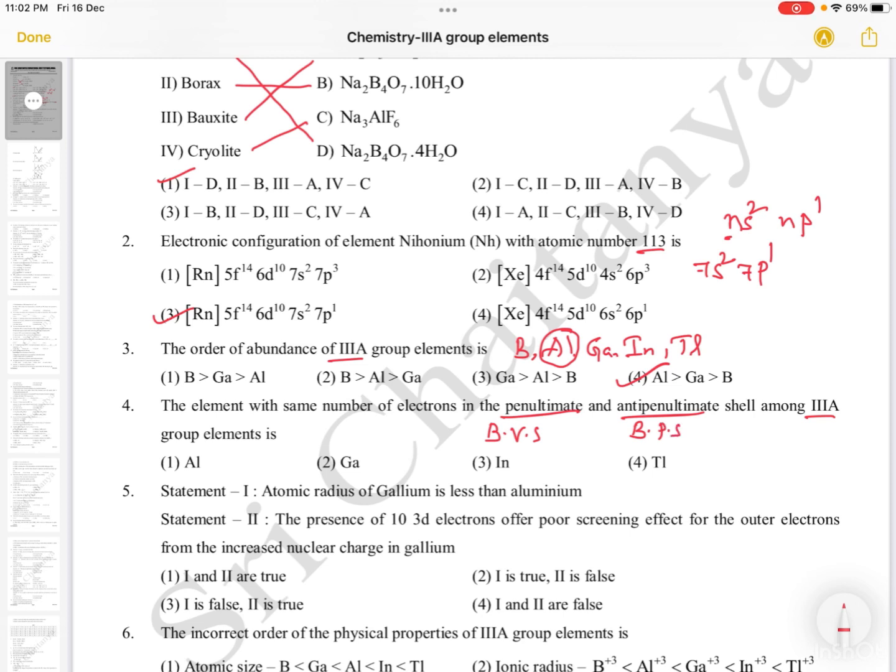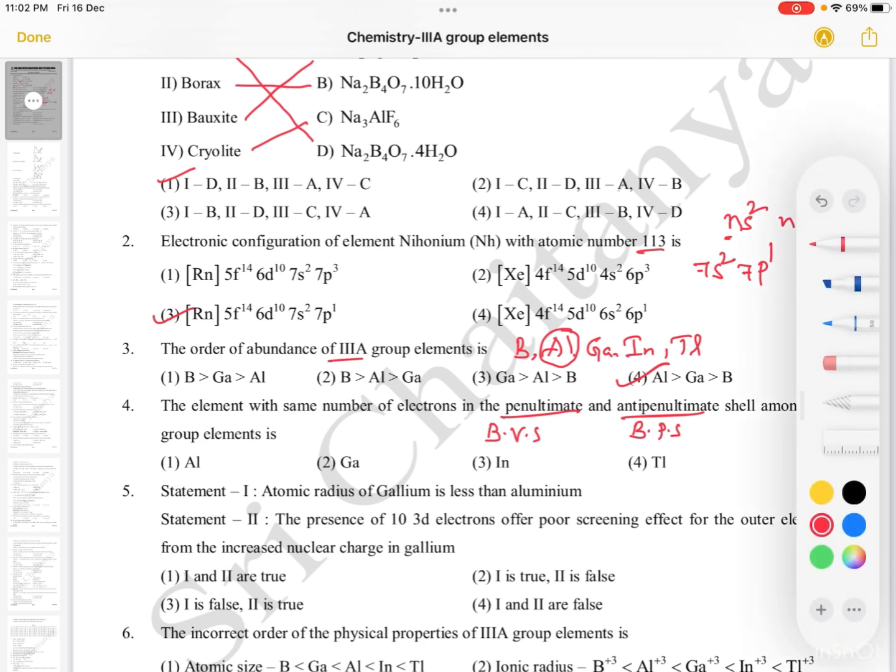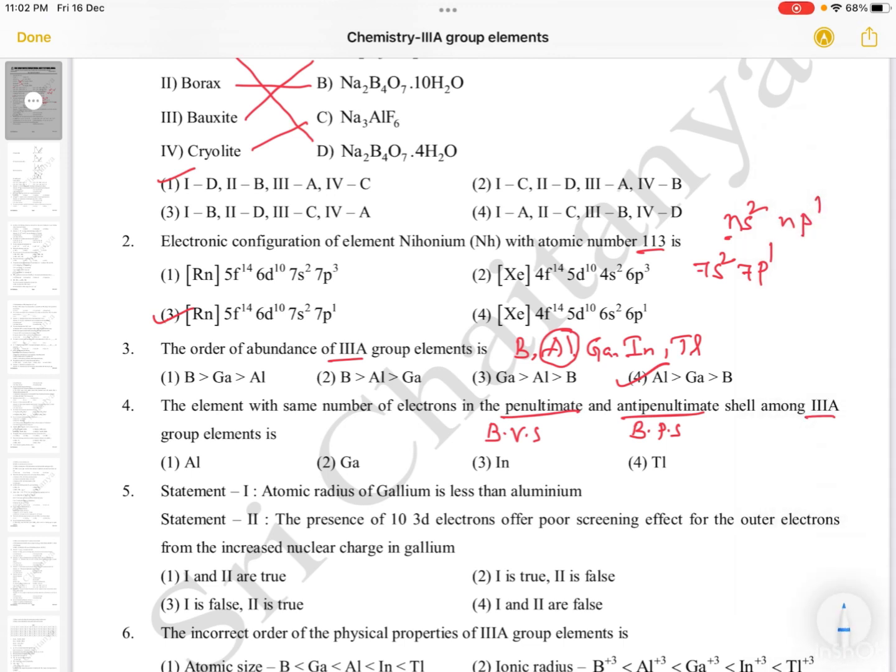So here it is asking in which of the following elements the same number of electrons are present in penultimate and anti-penultimate shell. So let us see in which there are equal numbers present.